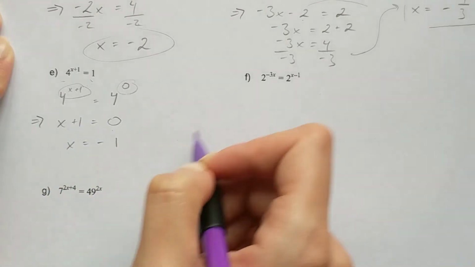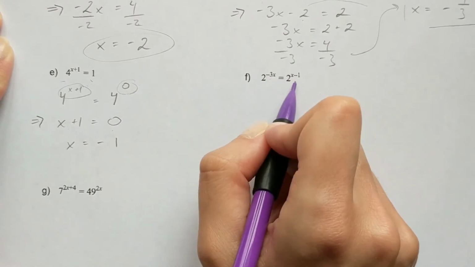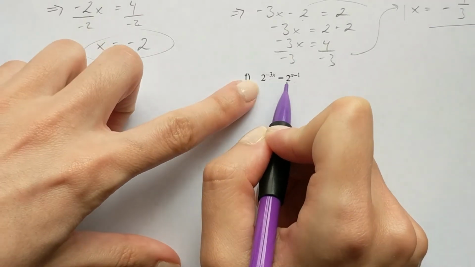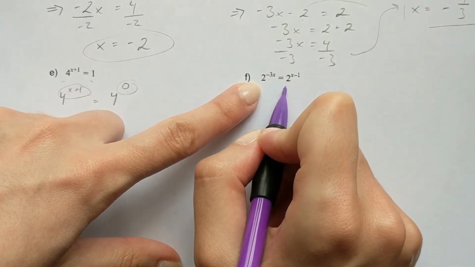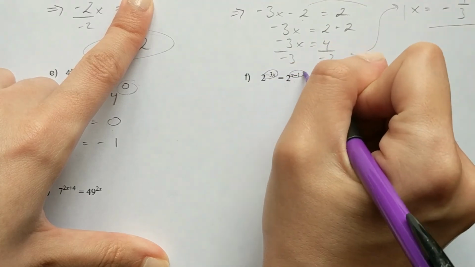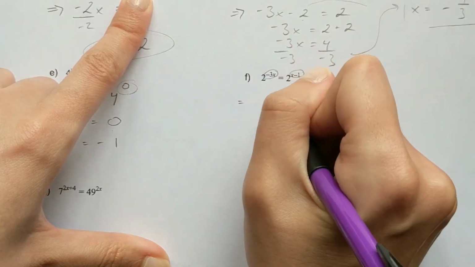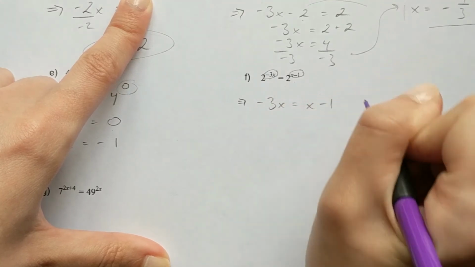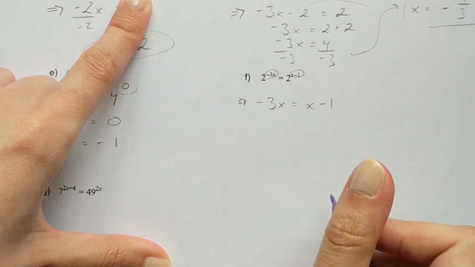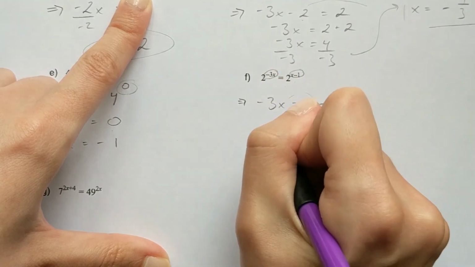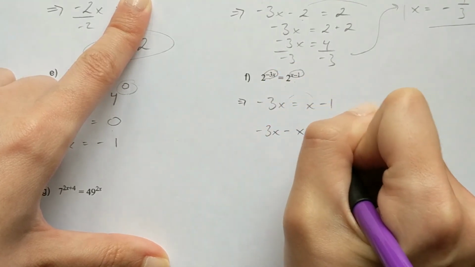Now let's look at a problem where you have an x in both sides of your equation. Fortunately here, they have the same base, so I don't need to change the bases at all. I can just jump to looking at the exponents. Negative 3x equals x minus 1. I'm going to rearrange. I'm going to pull my x over to the left-hand side here, so it becomes a negative x.